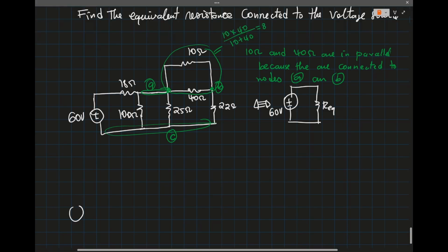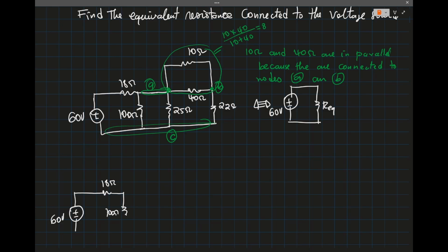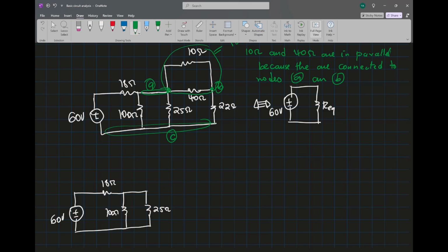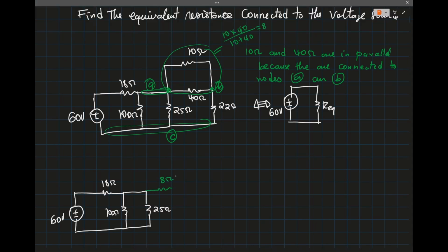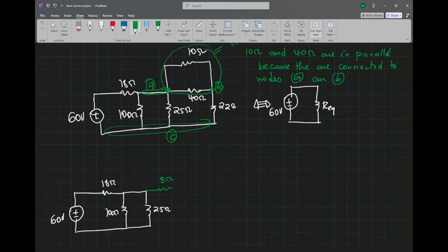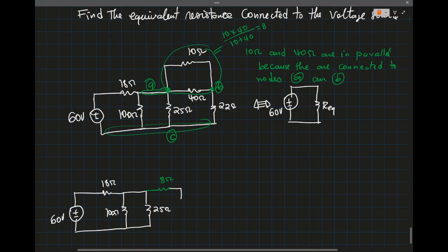Our network now has the 60 volt source, the 18 ohms, the 100 ohms, the 25 ohms, and then the 8 ohms and the 22 ohms.